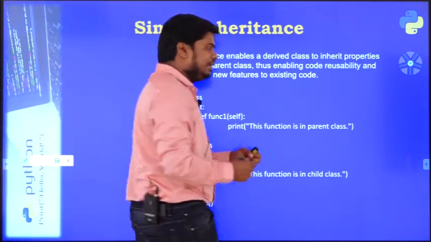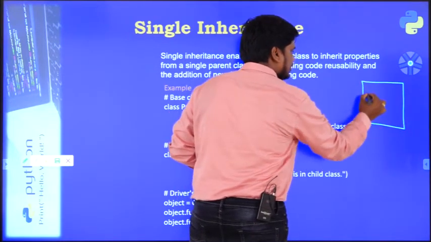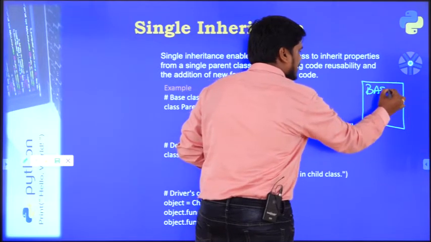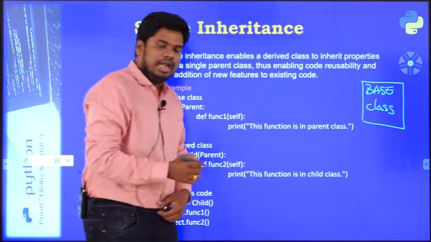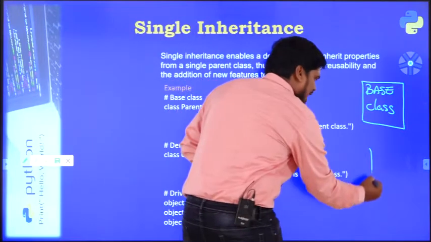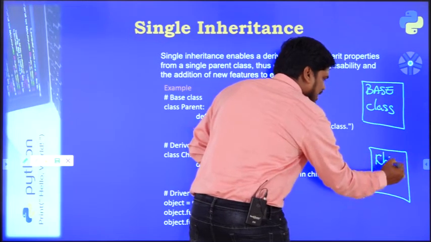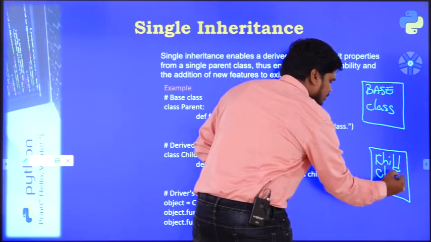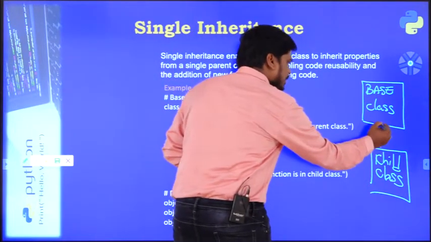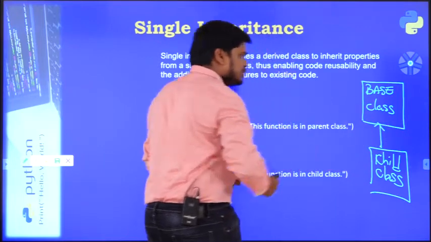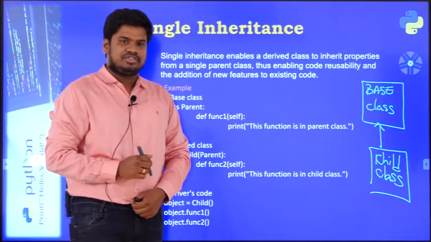Observe carefully: in single inheritance, we have one base class, or parent class, and one more class, the child class, and the child class will inherit the properties from the parent. This is how we draw it. This is single inheritance.